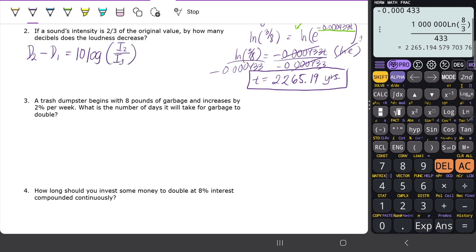Okay? Wherein D2 is the new decibel of the sound and D1 is the decibel of the original sound. Okay?